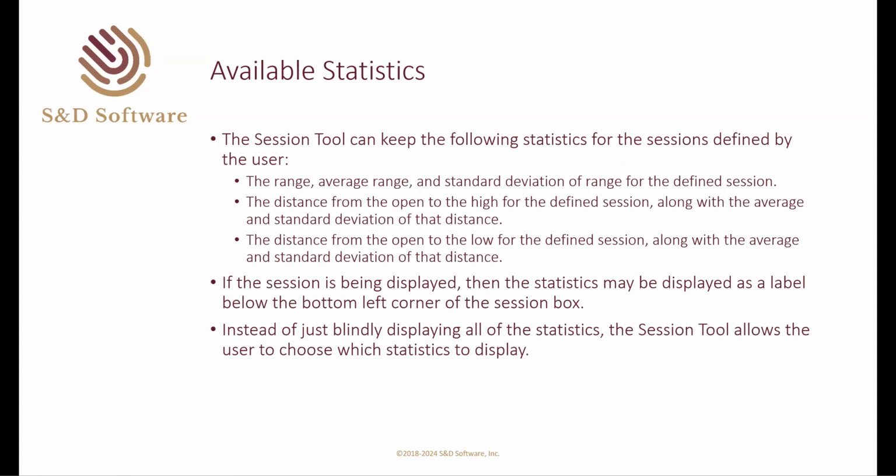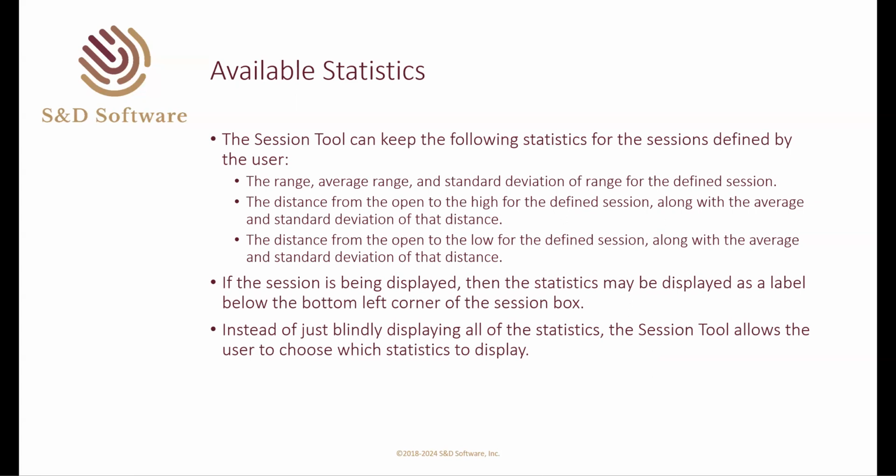Now, I got a bit ahead of myself, Roy, and I mentioned the available statistics, but we'll go through that again here. And again, you can turn these different statistical things on and off, so you can have it just keep track of the ones that you're actually interested in, and not have it waste time on ones you're not interested in. And you can control again which ones are displayed.